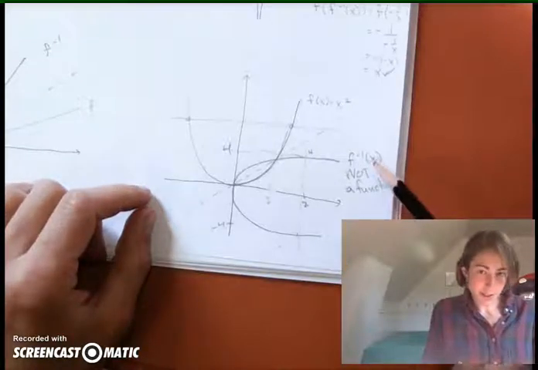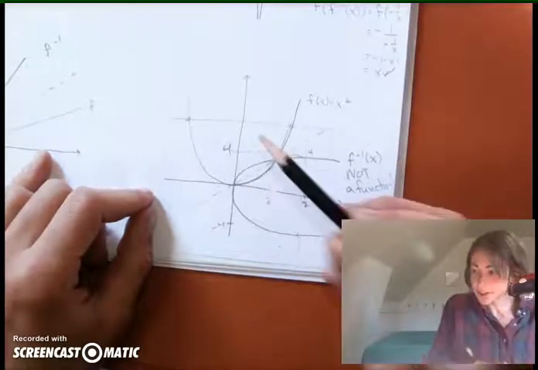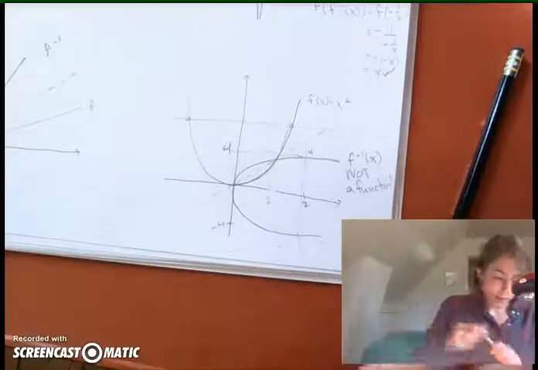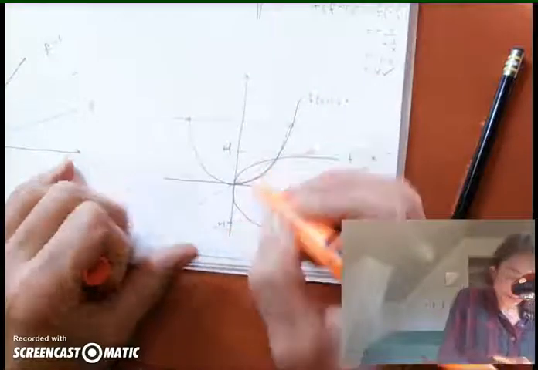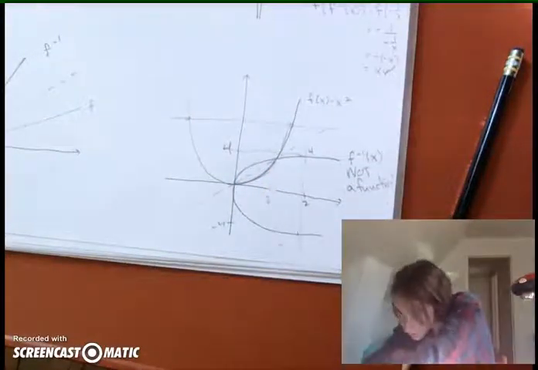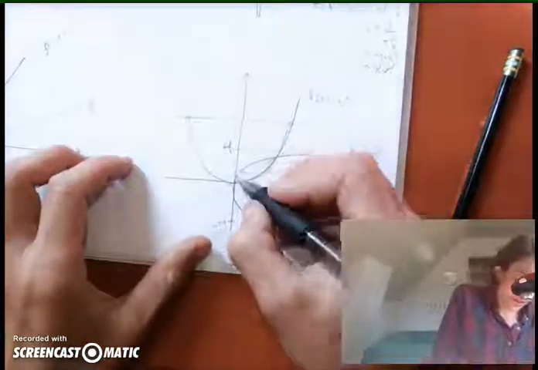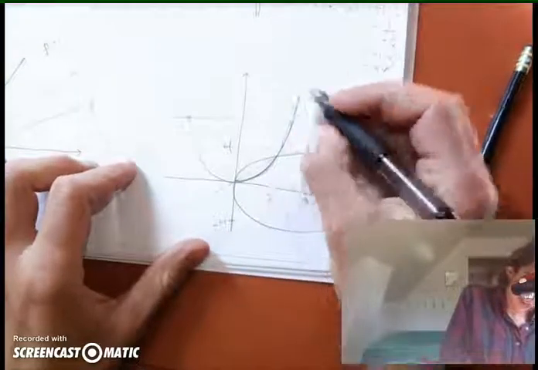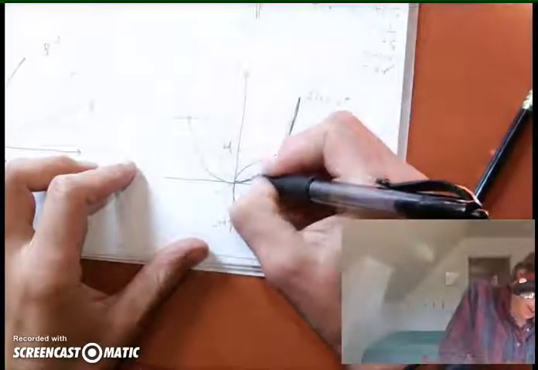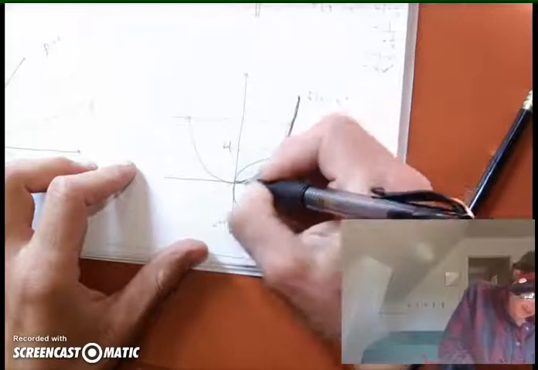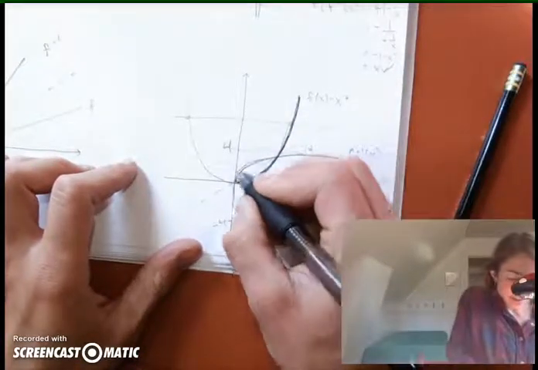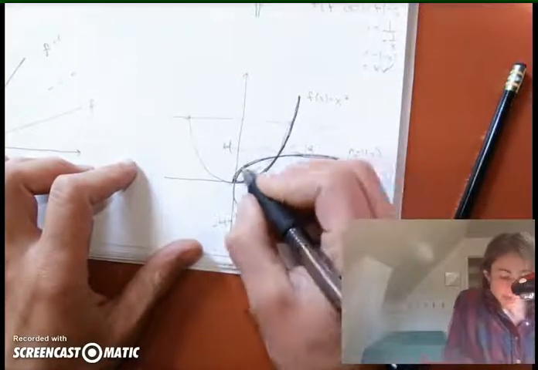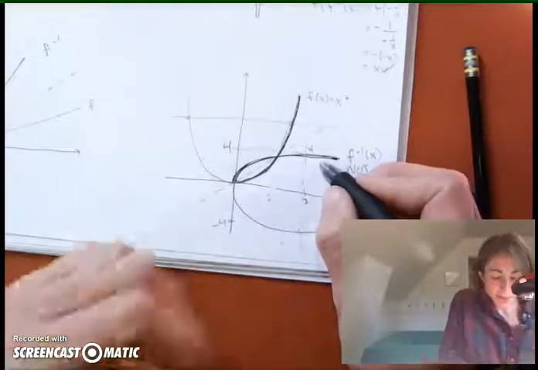Another thing to notice about this is if we did restrict the domain, so let's say we were looking at x squared only for positive x values. Oops, this marker's not quite working. So let's say we look only for the positive x values. Then when we reflect it, we get just this piece, which is a function, and we know what that function is.